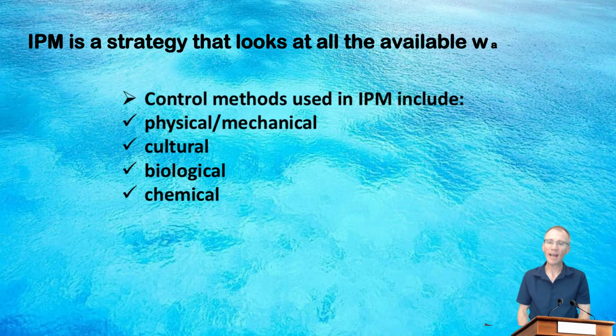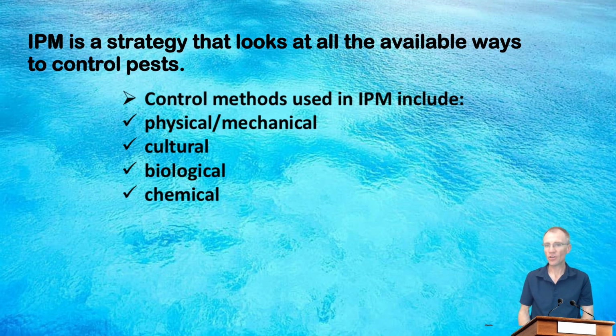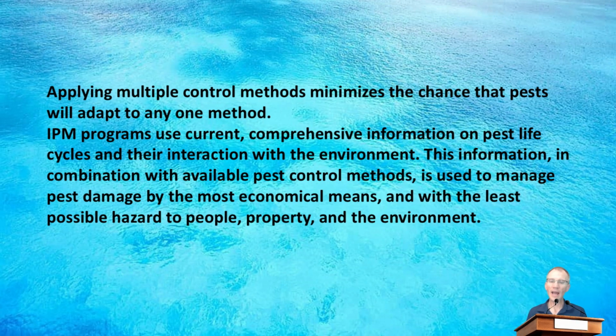IPM is a strategy that looks at all available ways to control pests. Control methods used in IPM include physical, mechanical, cultural, biological, and chemical. Applying multiple control methods minimizes the chance that pests will adapt to any one method.